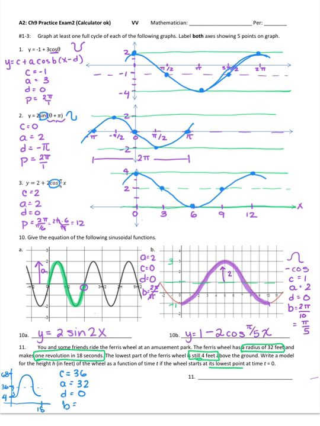And the B value is going to be 2 pi divided by your period, which is 18 seconds, and that reduces to pi over 9. So this becomes y equals 36 minus, again, because it's an upside down cosine, 32 cosine pi over 9 t, since we're talking time. If you put an x, that's totally fine.